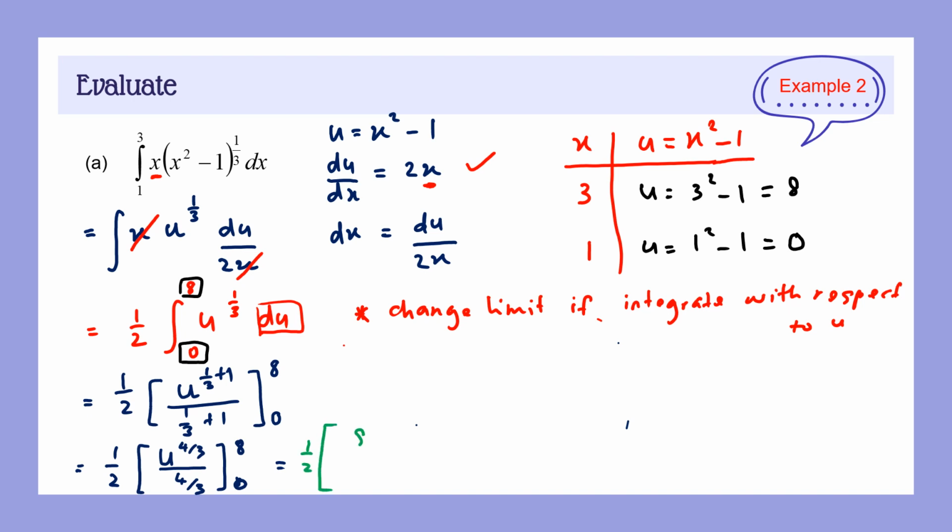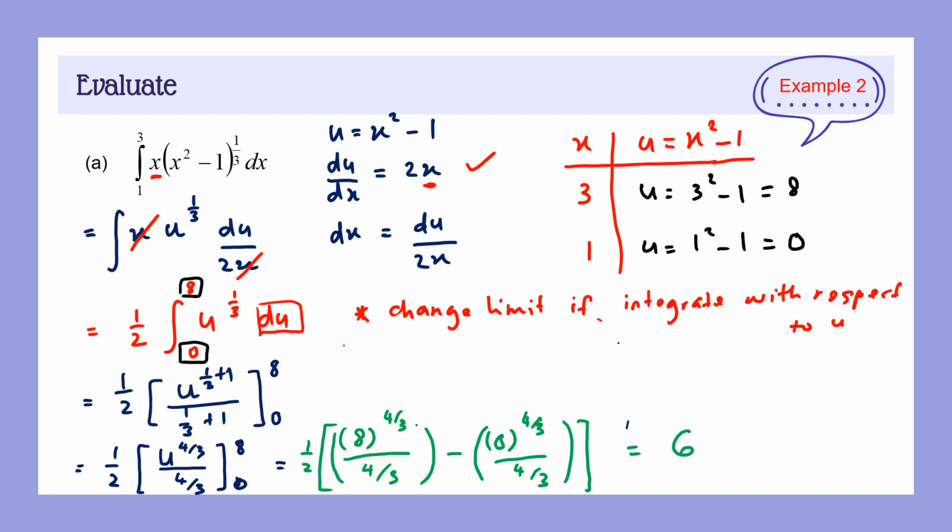So then we get 8 power 4 over 3 over 4 over 3 minus 0 power 4 over 3 over 4 over 3. Finally, we calculate by using calculator, and the answer is 6. So for this question A, the answer is 6.